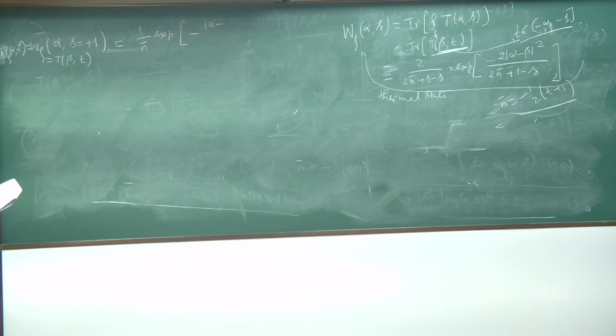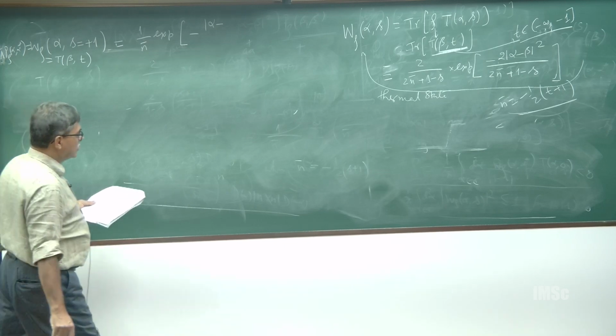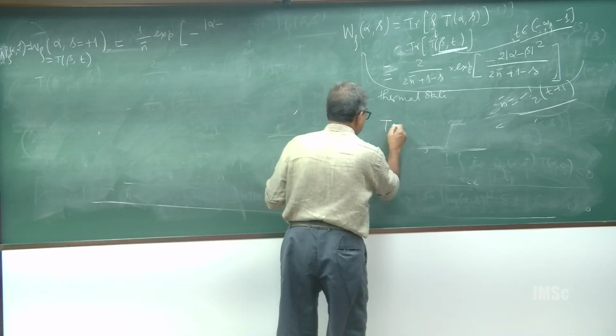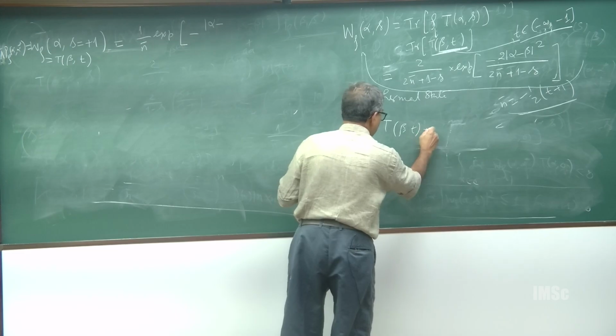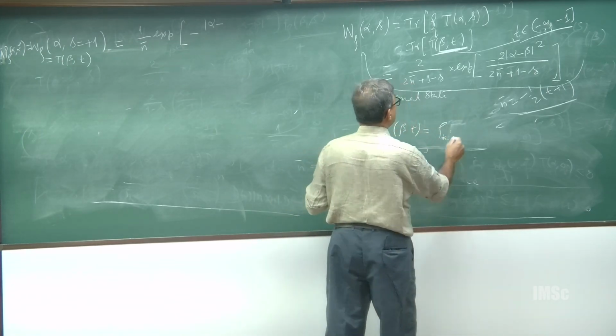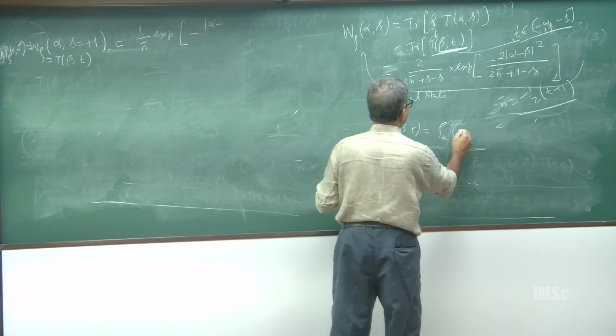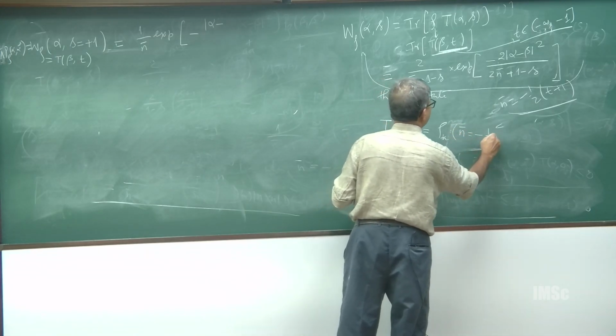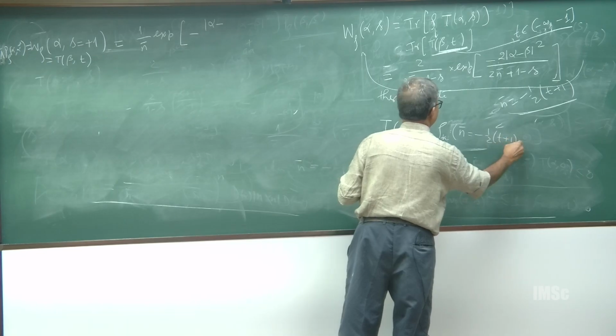This is for the thermal state. Is that clear? I should have used some other notation. So, this T of beta t is your rho thermal corresponding to this average photon number n bar equal to minus half t plus 1.